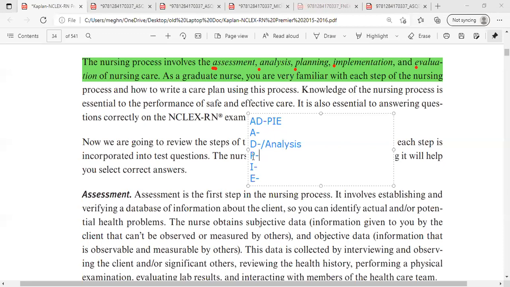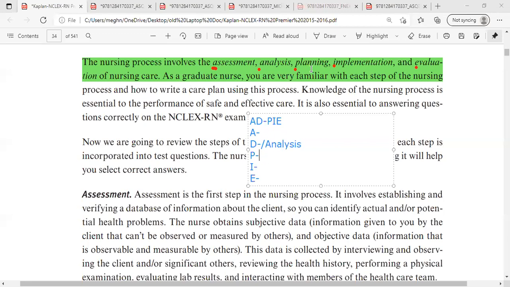And then we go for planning. Planning is done to provide the client care consistently and appropriately. We ask the following questions.